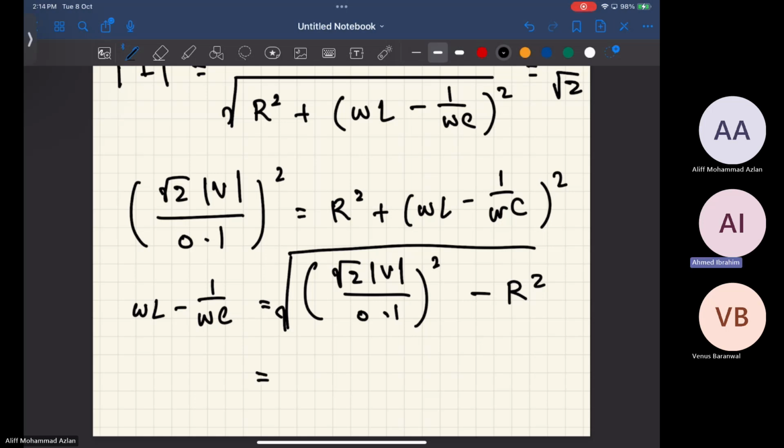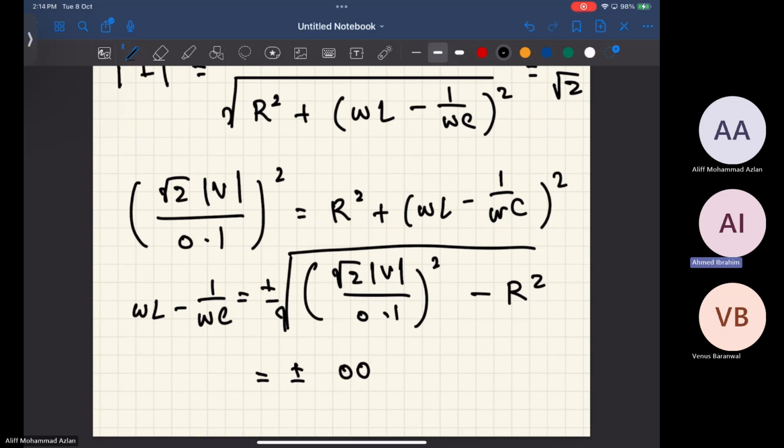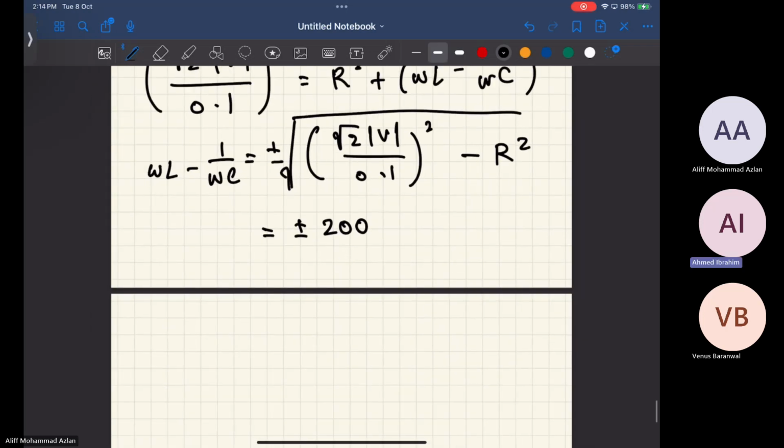Now this is going to give us two values because we're taking the square root, so this is going to be plus and minus. And you do the substitutions and you get plus or minus 200. Now omega L minus 1 on omega C is equal to plus or minus 200. Now we can solve this as a quadratic to get the values of omega H and omega L.